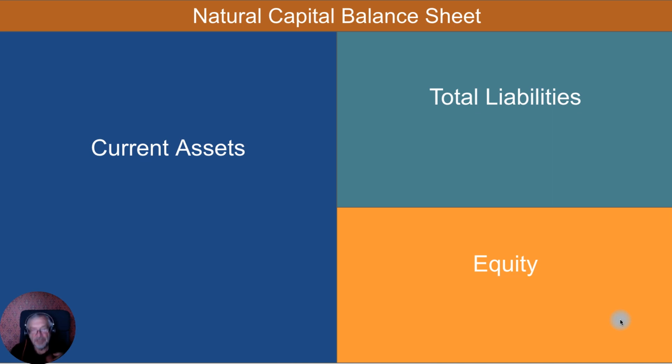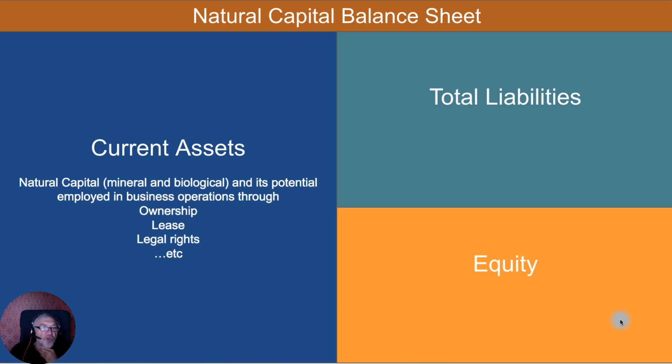Now, how would this work in terms of natural capital? Well, how much do we have, and how much is being employed in business? We could look at property, for example. Who owns forests? Who owns soils, fields, etc.? Who owns lakes, etc.? What's the business relationship between them?